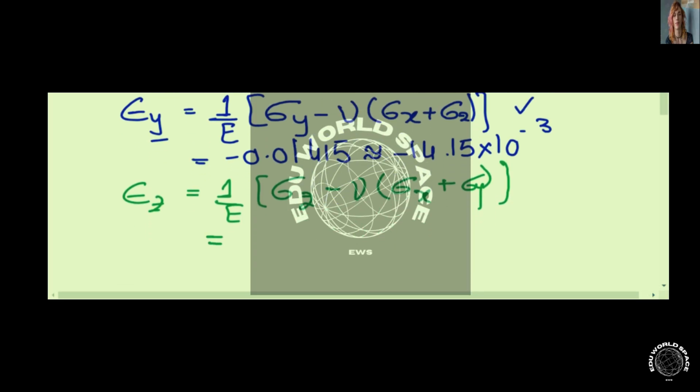So just plug in the values and you'll get that it is equal to negative 0.0316025, and that is approximately equal to negative 31.60 times 10 raised to the power negative 3, right? And this concludes our answer for this question.